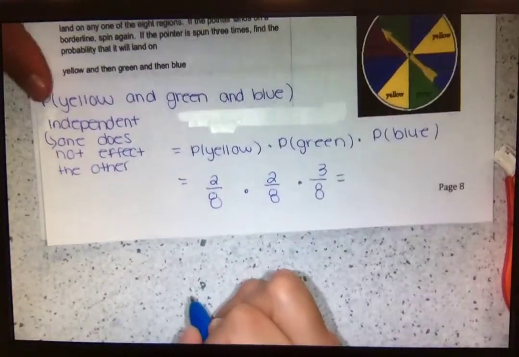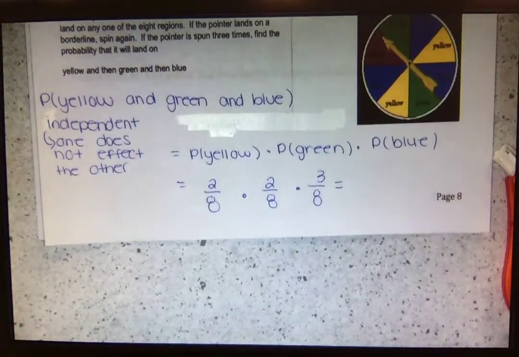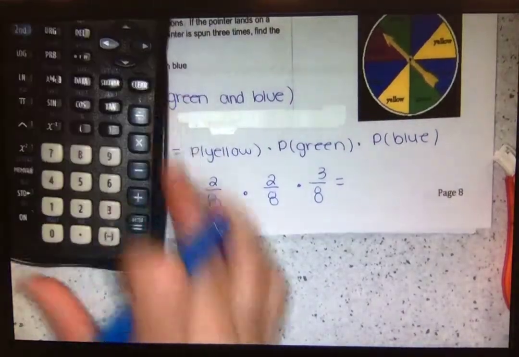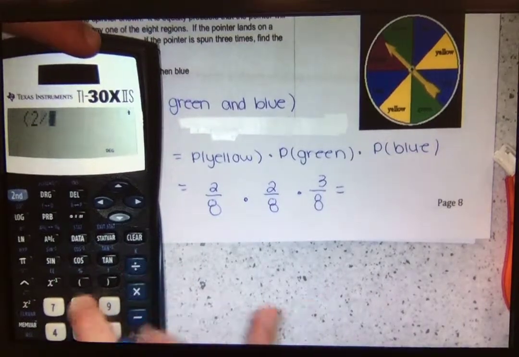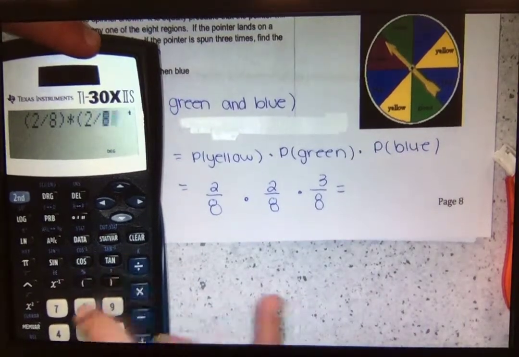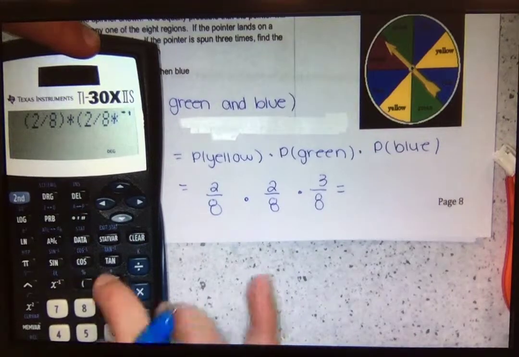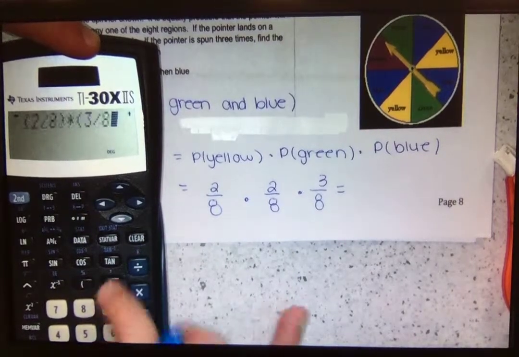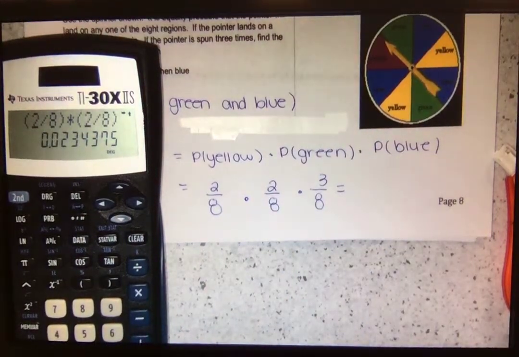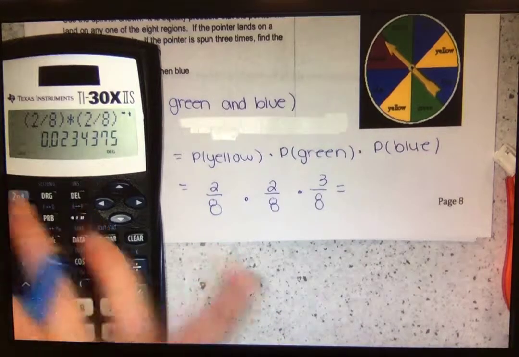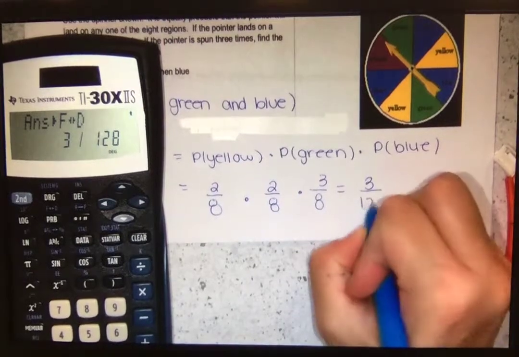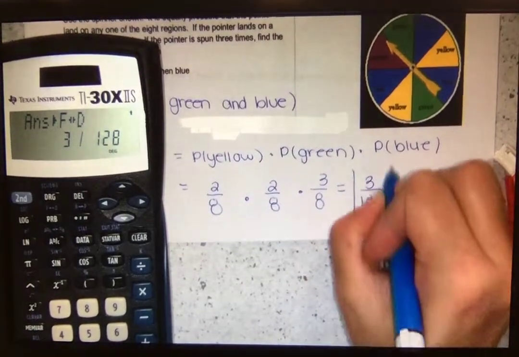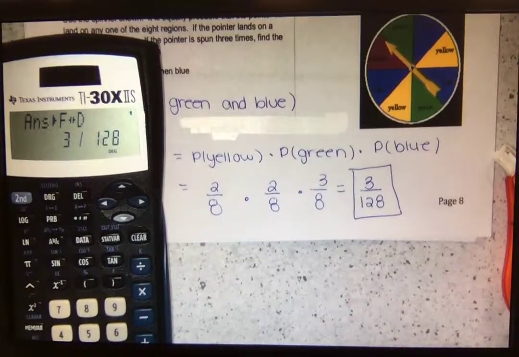So multiplying straight across again, or plugging into your calculator, we get 2 over 8 times 2 over 8 times 3 over 8. We get a funky decimal. Changing that decimal into a fraction, we get our final answer of 3 over 128.